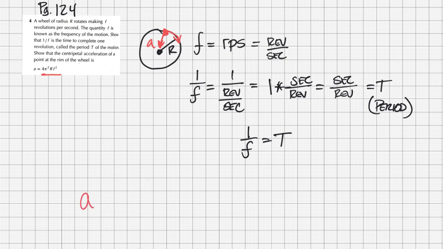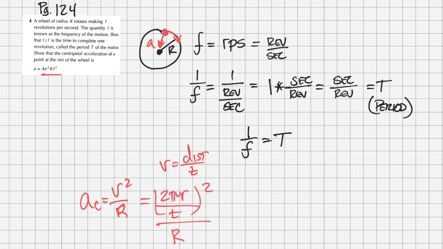So acceleration centripetal is v squared over R. Let's just do big R there. V squared is going to be, remember that v is my distance divided by my time. So that's 2πR over T, and that value squared divided by big R.